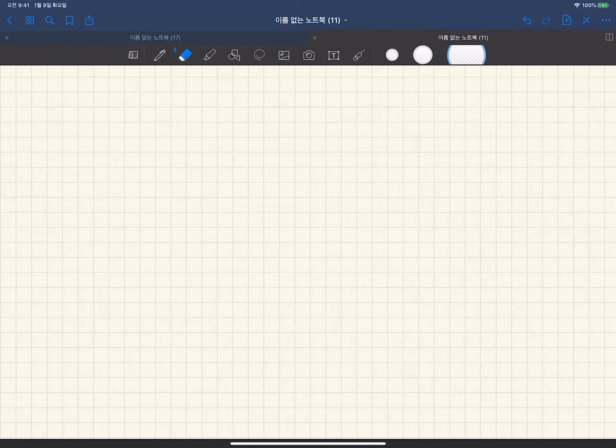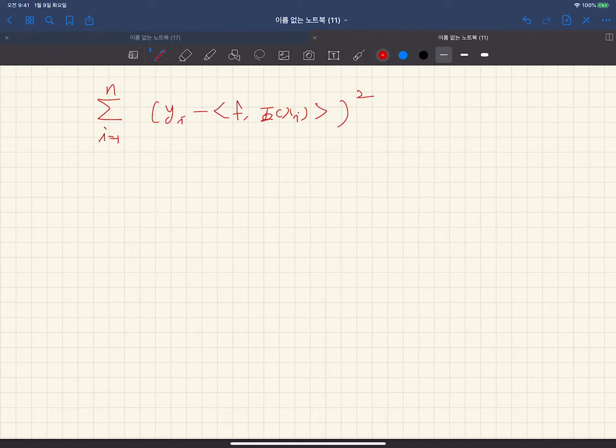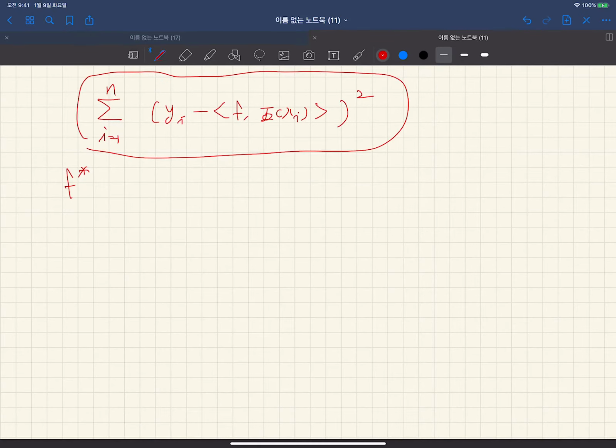In the linear regression task, we usually find the parameter f using the objective function RSS, so we optimize the sum of yi minus the inner product of f and φ(xi), squared. How can we find the optimal f star that minimizes the RSS function?